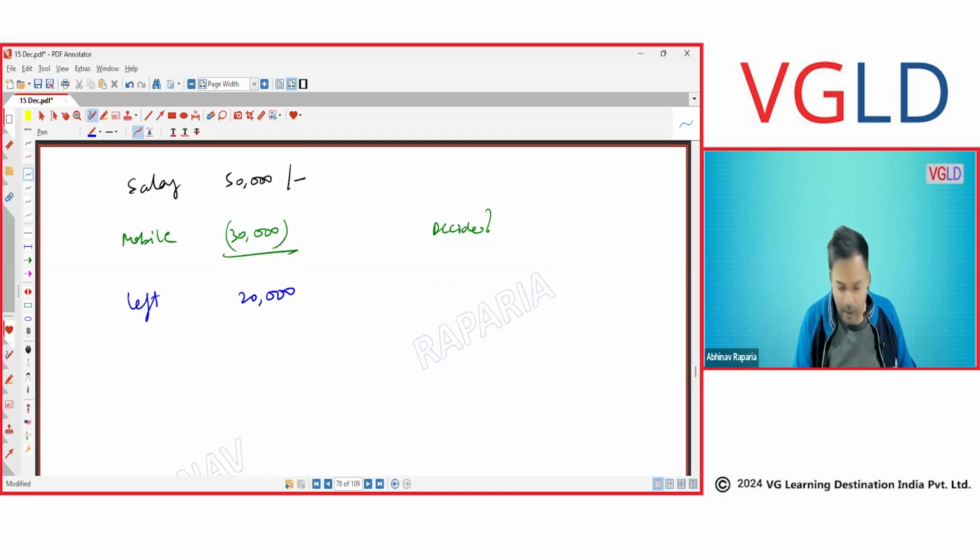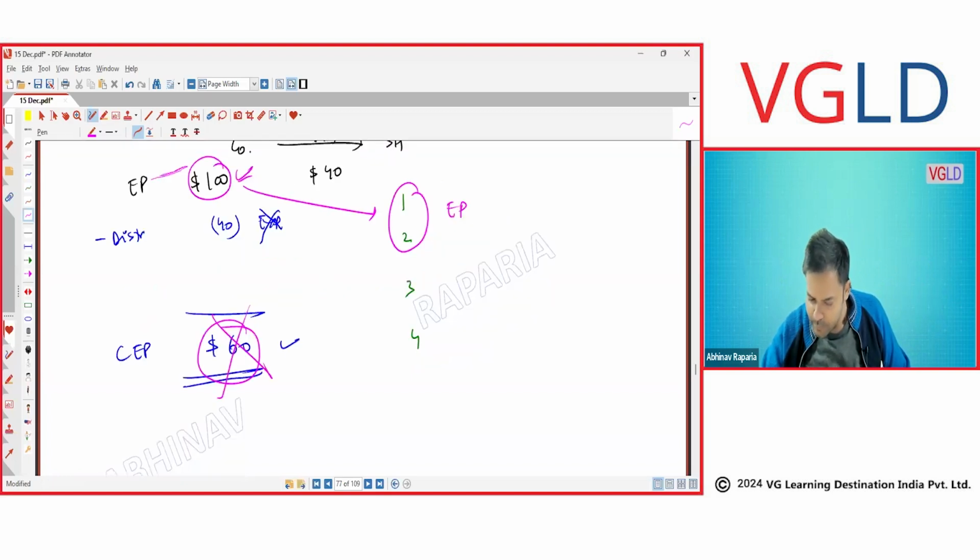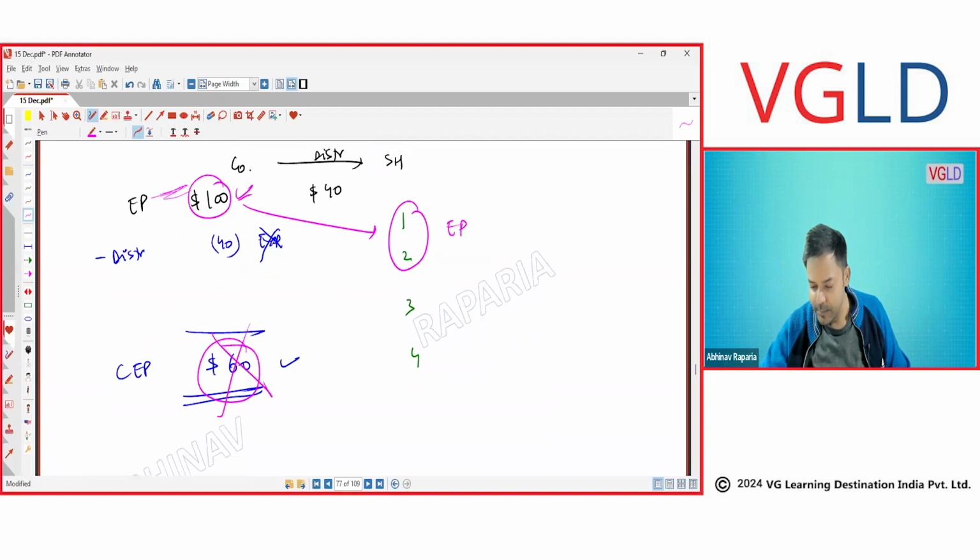Now, when you are deciding whether to purchase the mobile phone or not, obviously you will look at your salary, to see whether you have the money to make the payment. Obviously, you are not going to look at this. Same here, everyone. When I'm looking at 1 and 2, I'm looking at the value before the distribution, guys. Should I move on?